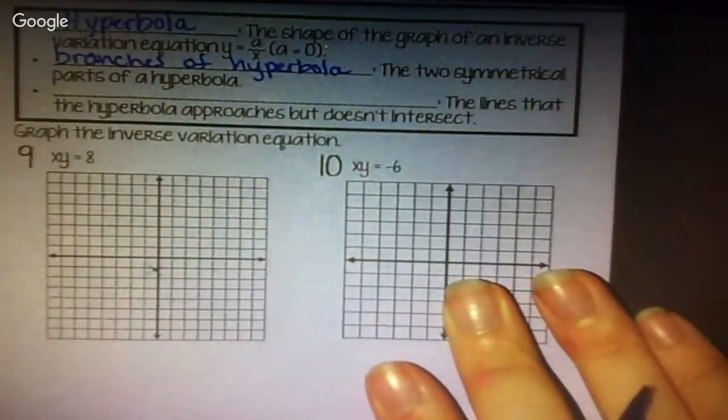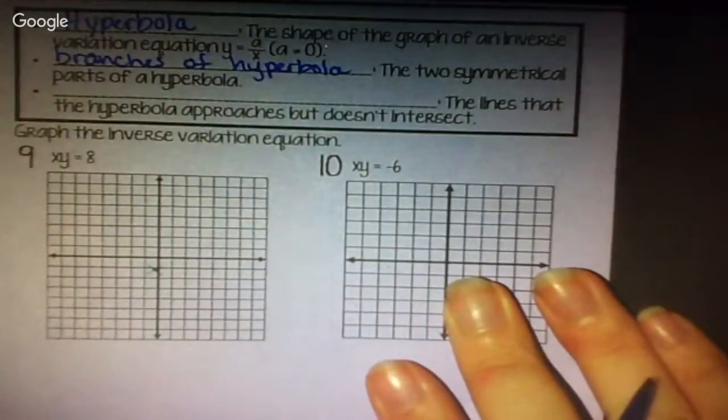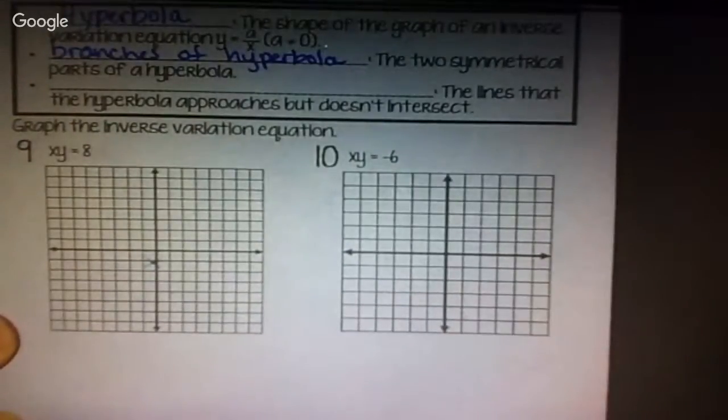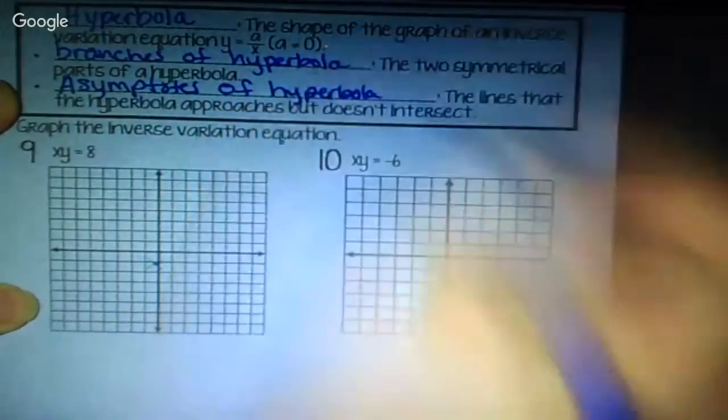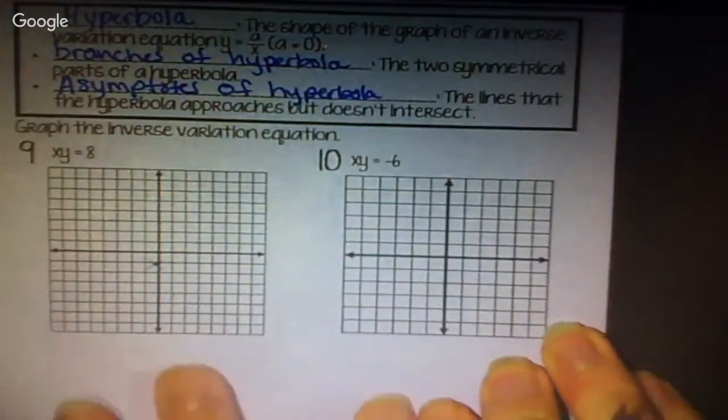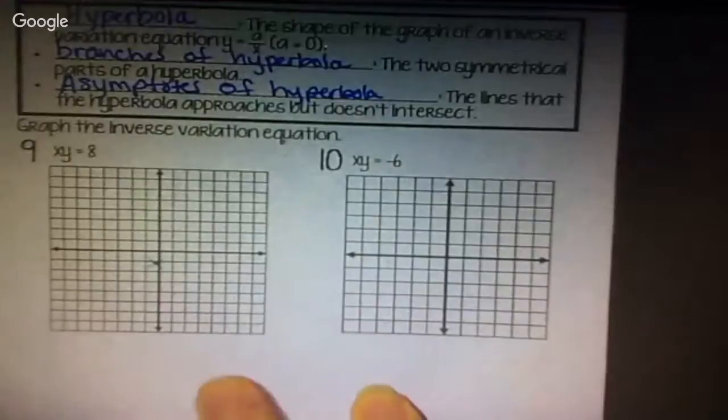It's like a reflection across your vertical asymptote. And like I said, the asymptotes of the hyperbola are the lines that it will approach, but it does not intersect.